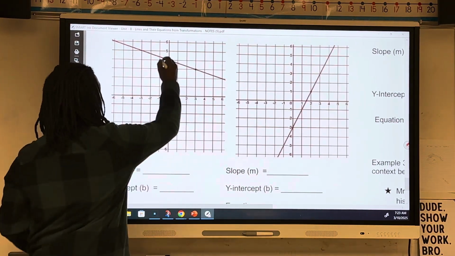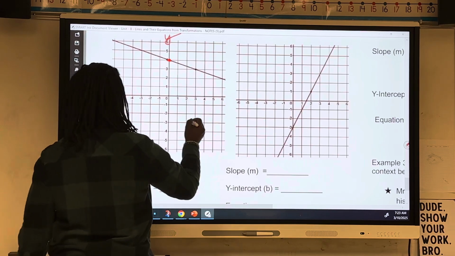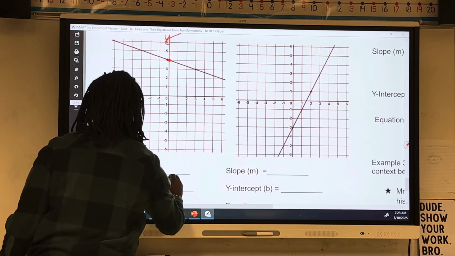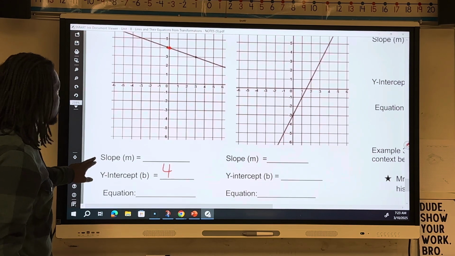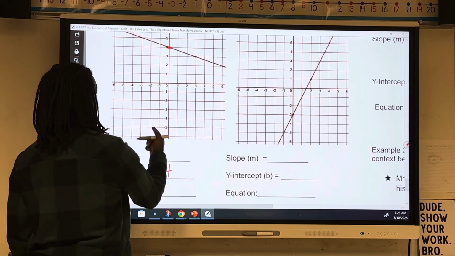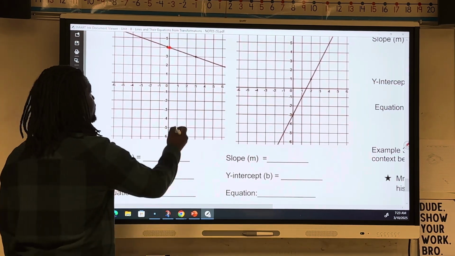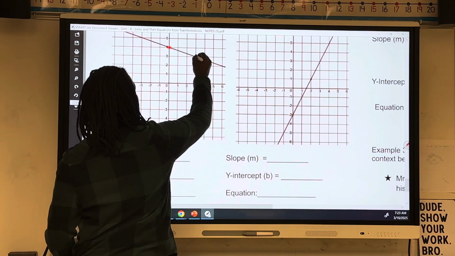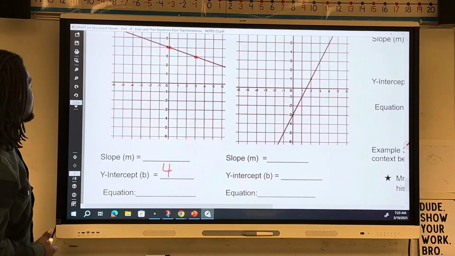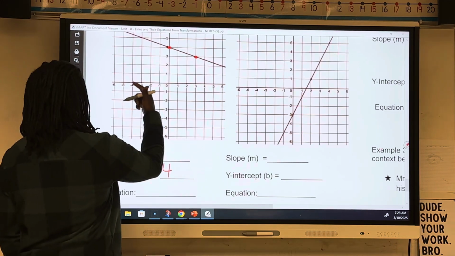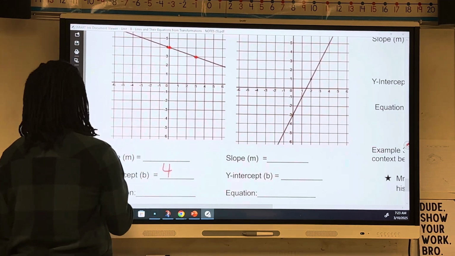It is crossing the y-axis at 4, so my y-intercept is 4. Now I need to find my slope. To find the slope, I have to find another point on my function, and then I can use rise over run to determine it.